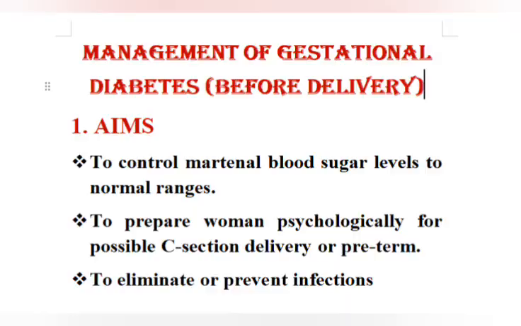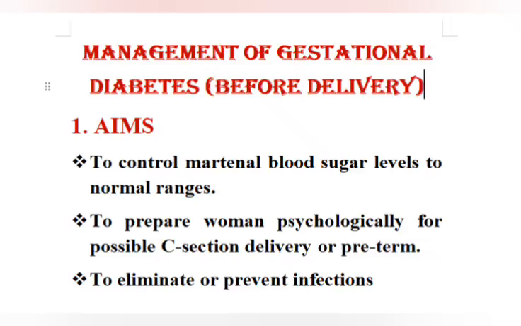So aims. What is going to be our aims as we manage this woman? This is before delivery. So our aims will be, 1, to control maternal blood sugar levels to normal ranges. The normal ranges, we said, are between 7 to 11.1 millimole per liter. That is for the random blood sugar test, when you do the test randomly.